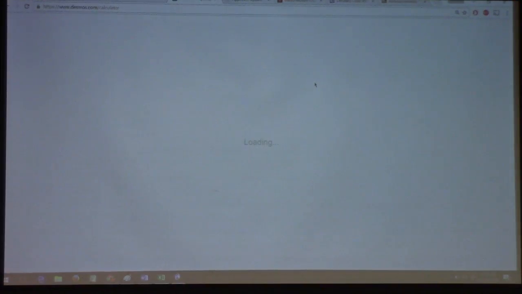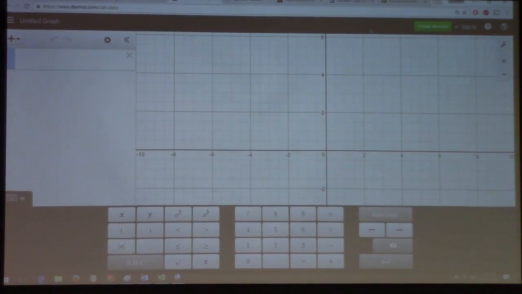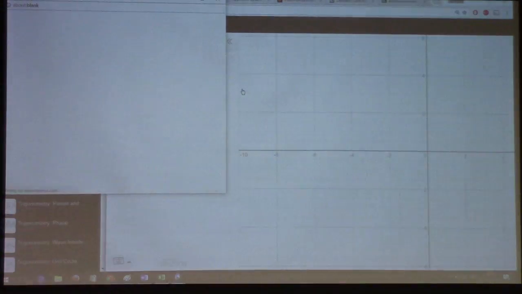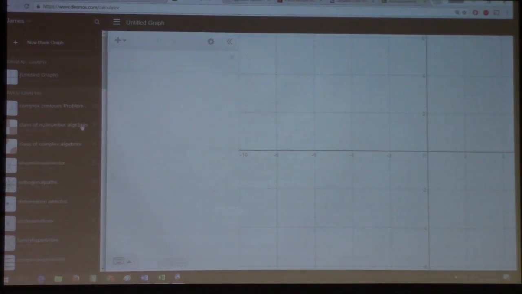Yes, please start graphing. Let's see if I have. So Google. All right, let's see if I got one in here.